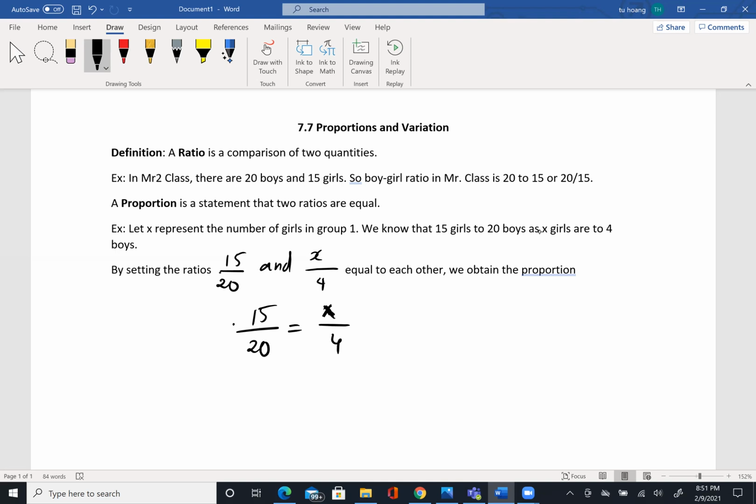So in units, girls over boys equal to girls over boys, right?